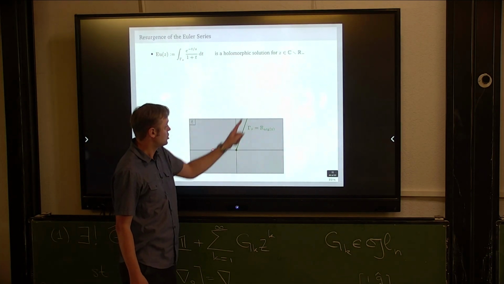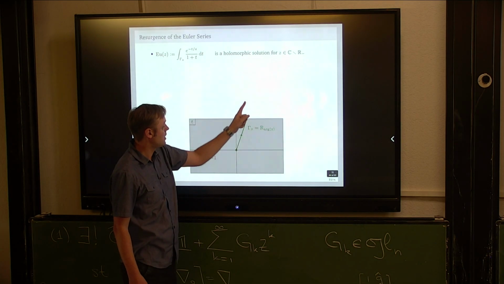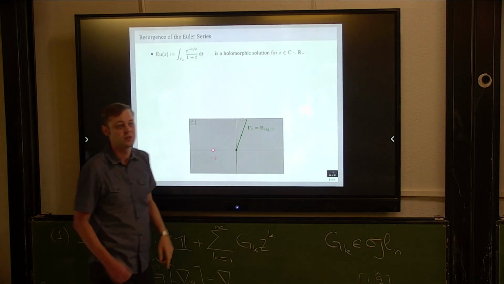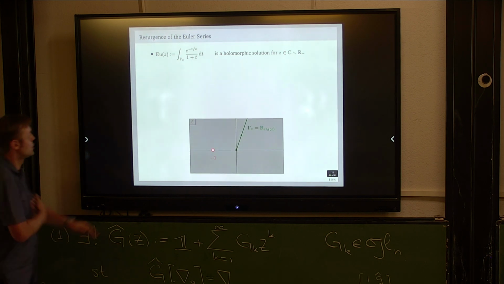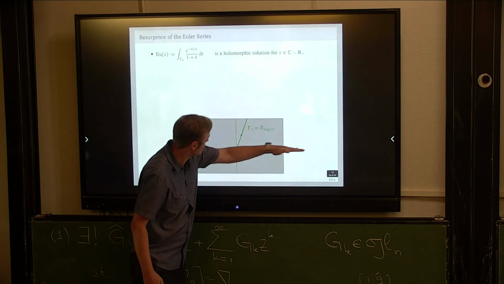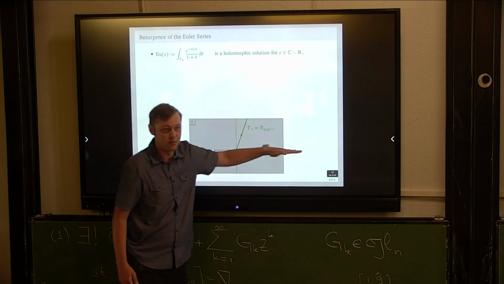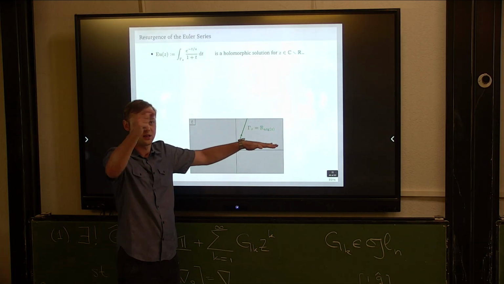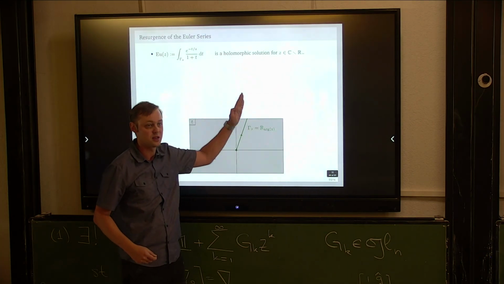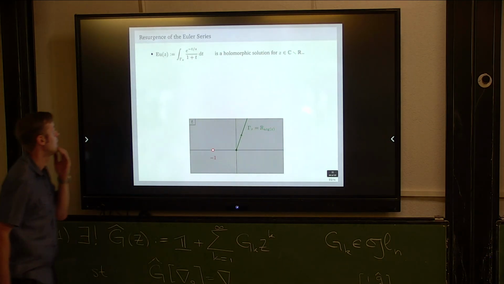In the t-plane, it's just a ray in the direction which is the phase of z. Previously, when z was real and positive, this gamma sub z was the positive real axis, and then as I start letting z vary in the complex plane, this ray starts traveling.